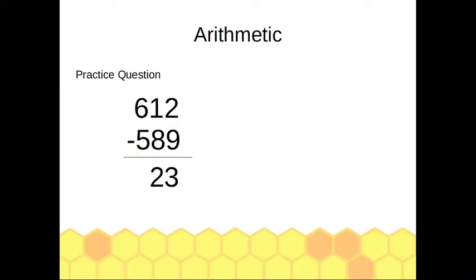Now let me show you another way of solving this kind of problem. We start by moving the question to the left of the presentation to give space to our solution. We solve this problem by starting from the leftmost of the numbers because we read from left to right. We start with 6 and the 5.